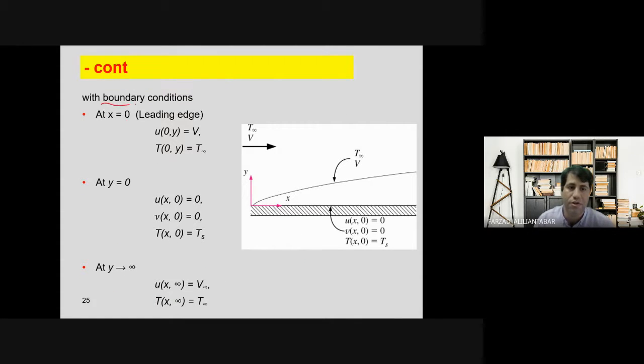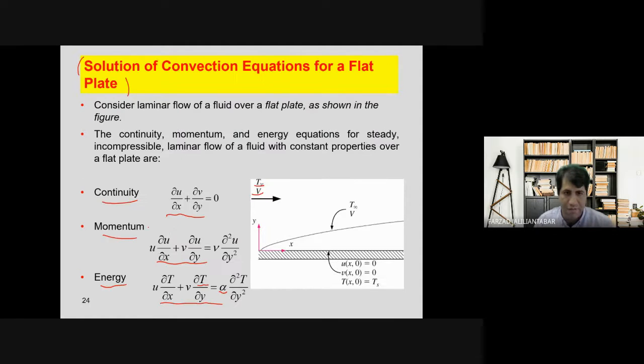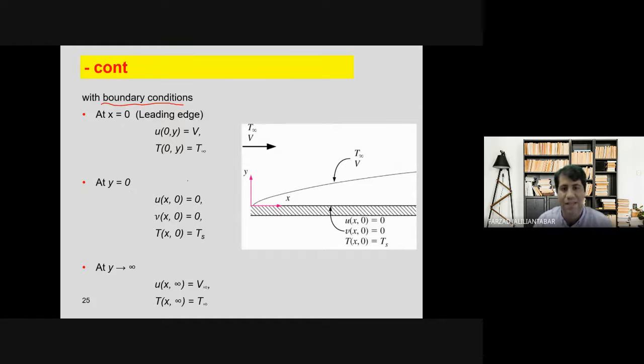If we go to the boundary conditions and write them for all of these equations, at x equal to 0, on this line, the velocity is V and the temperature is T infinity at the edge of this plate. At y equal to 0, it means on this surface, the velocity is equal to 0, as you know, because of the no-slip between the fluid and the surface.